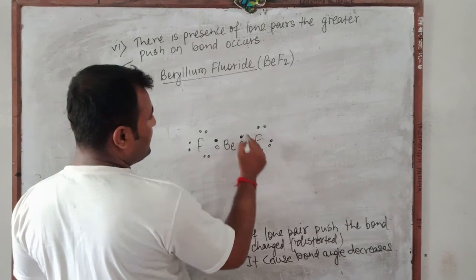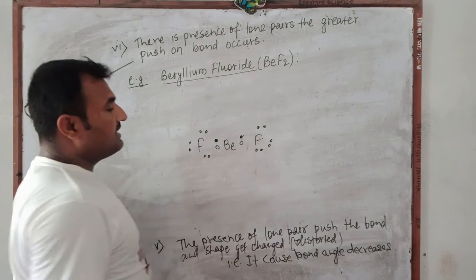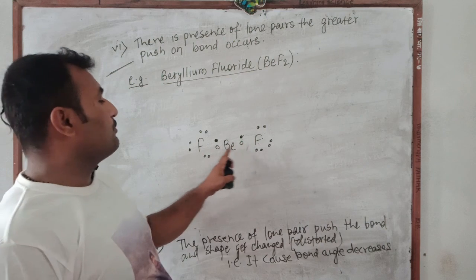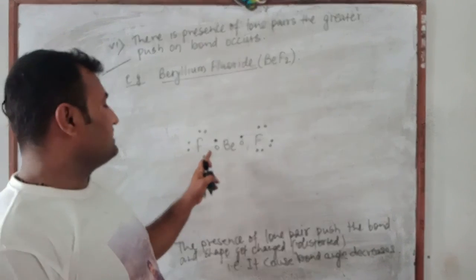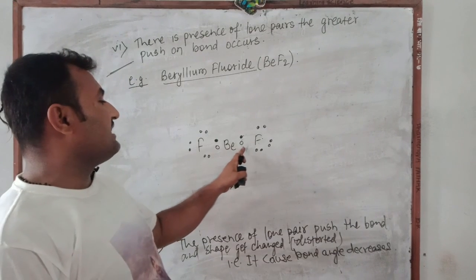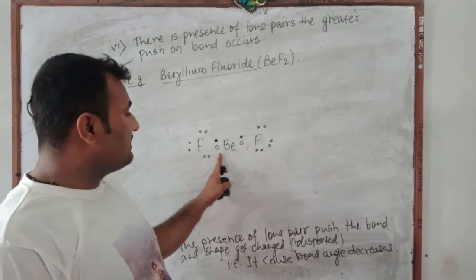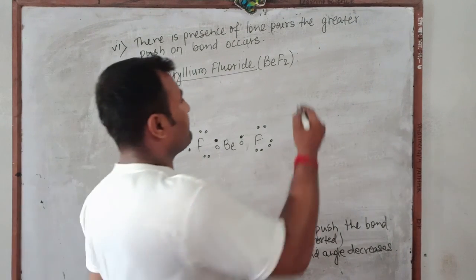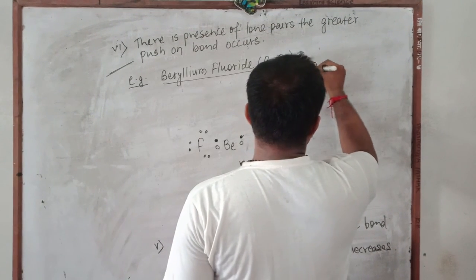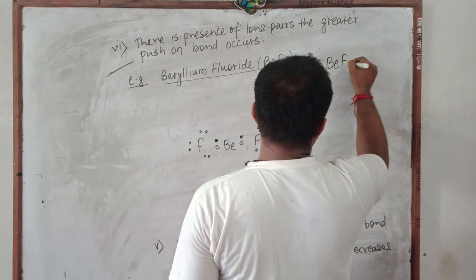In this way, we found that the central atom is beryllium, which contains only two bond pairs, having no lone pair. That is, two electron pairs are found around the beryllium atom, and these two are bond pairs.